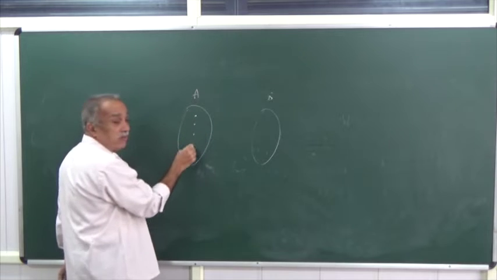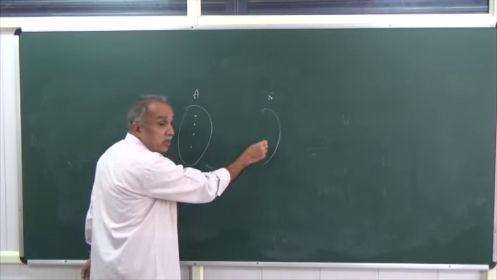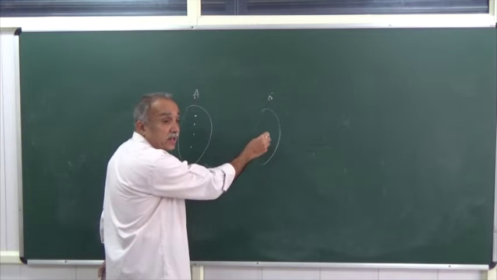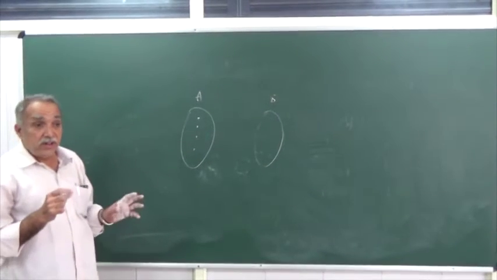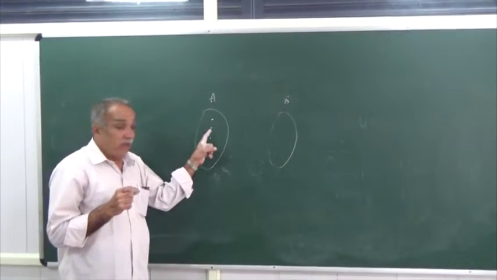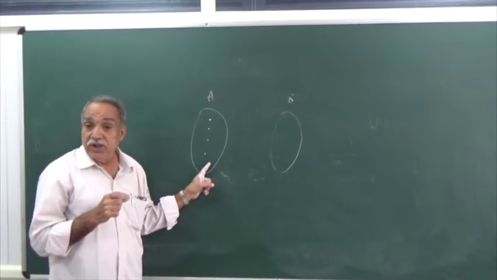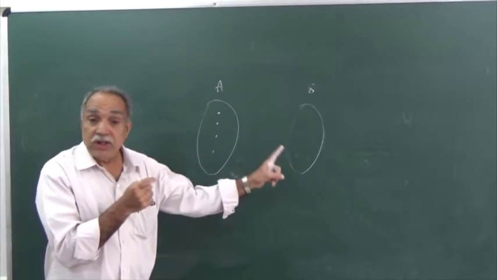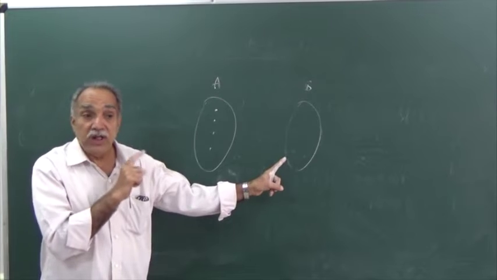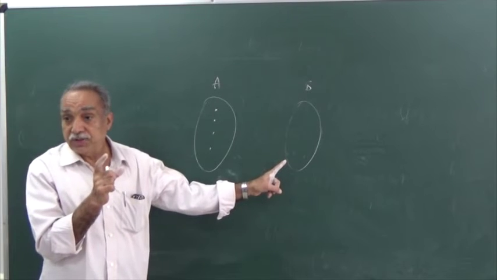Every element must have an image, and that image must belong to this set and must be uniquely defined. The only restrictions are: every element must have an image, no element must be without an image, and every element must have a single image, no element must have multiple images.